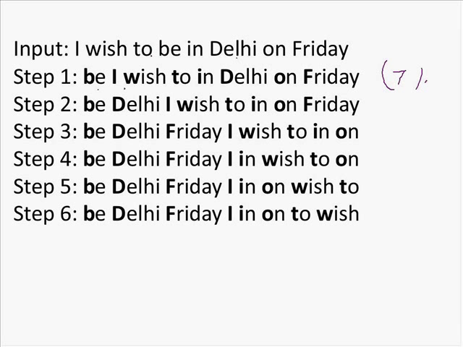Be Delhi, I wish to be. I will come automatic. Be Delhi Friday, I wish to join in on. Be Delhi Friday, I in. Now here it is one automatic. Okay. Be Delhi Friday on wish to, be Delhi and to wish. So this is complete. Dictionary order is maintained, and that's how you are going to get the steps.